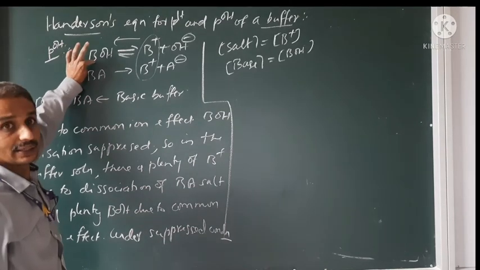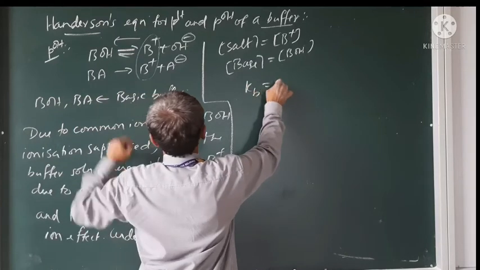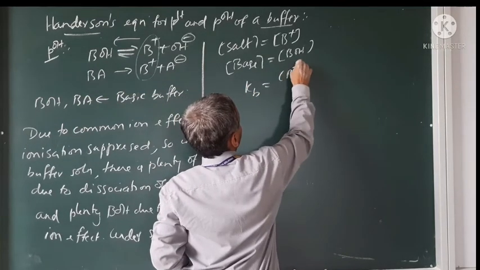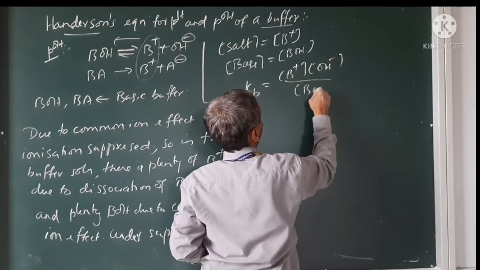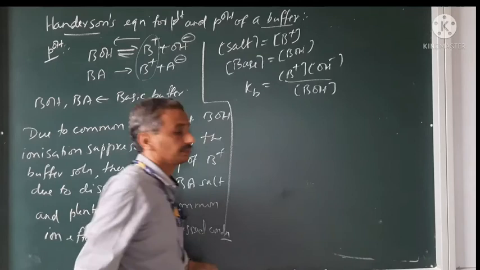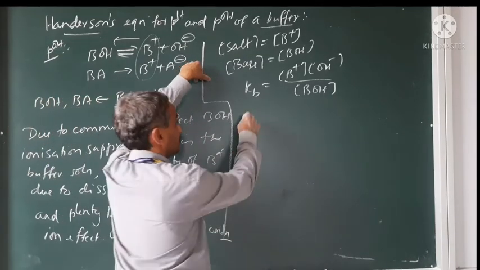Now for this, write the dissociation constant. Kb is equal to B plus into OH minus divided by BOH concentration. Wherever B plus is there, substitute salt.